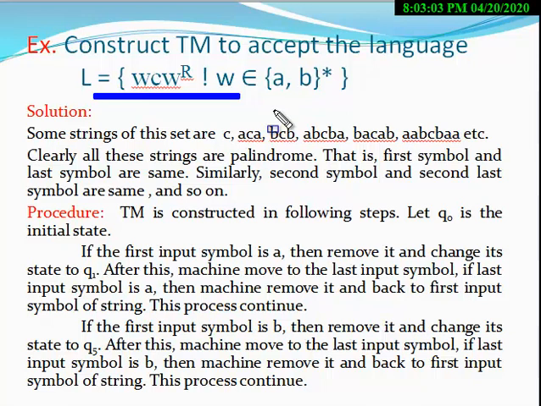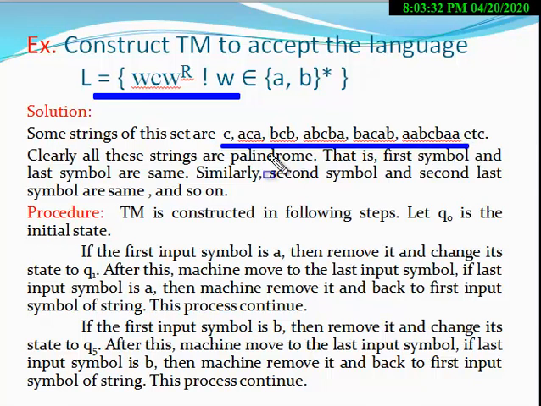When you have to construct a Turing machine corresponding to this language, first you have to analyze the strings belonging to this language. Look at the set, and you will find the following strings belong to it.